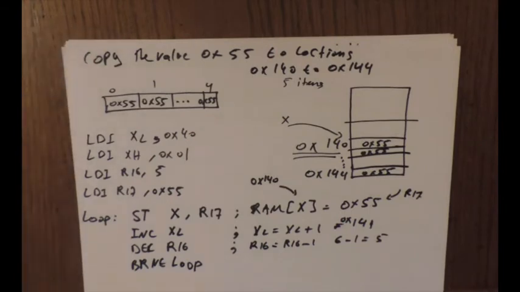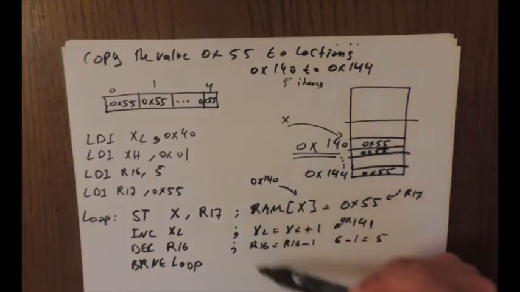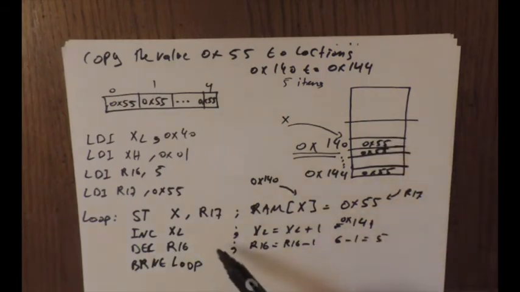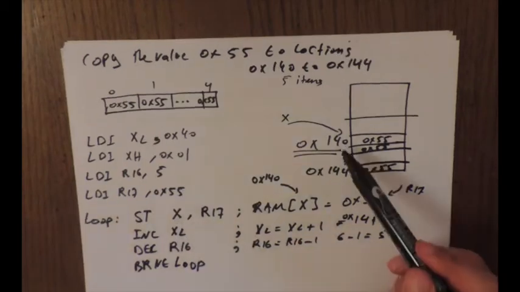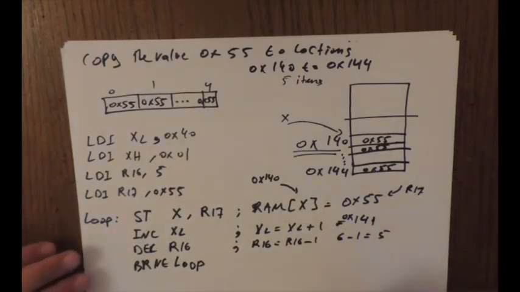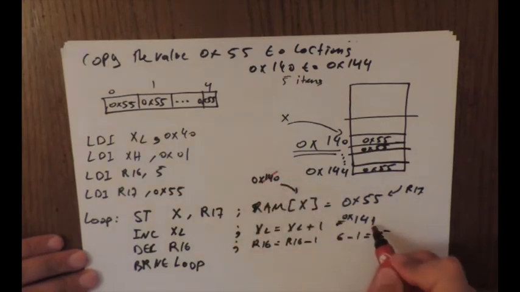And this does it. So what I'm doing here is that at the first iteration I place 0x55 at the value pointed by x. It was 140, then it will be 141. So the second time I loop, instead of 140 I will have 141.